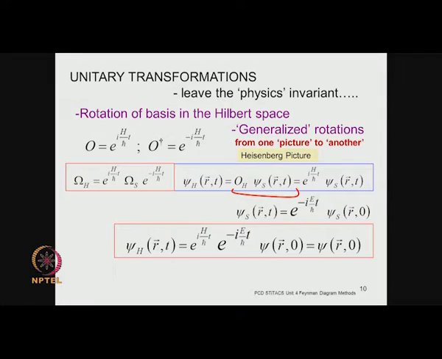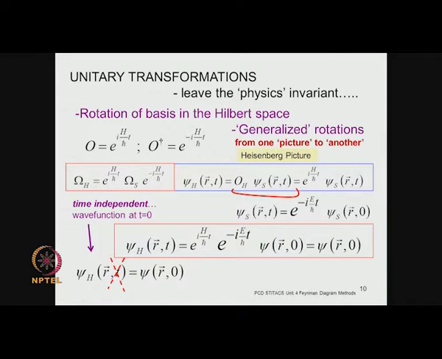But then e to the minus i omega t can be pulled out, and then you have this operator operating on the Schrodinger picture wave function at t equal to 0, and that will give you e to the plus i E omega t, and these two terms will then cancel each other and you get psi at r, 0. So, you have a formal time dependence over here, but it turns out that it really does not depend on time, because this is the wave function at t equal to 0.